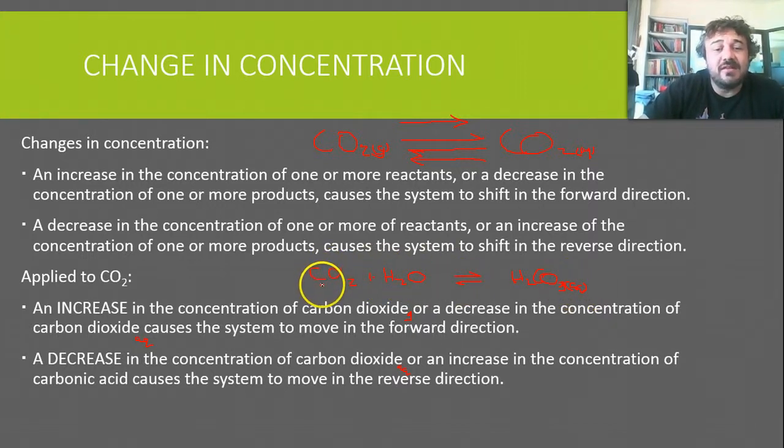So if we increase this one here, if we inject carbon dioxide gas in, it causes the reaction to move further to this one, which brings us to this second step here, so as this one goes up, that means that will go up. And so that's how we increase the acidity of the water.